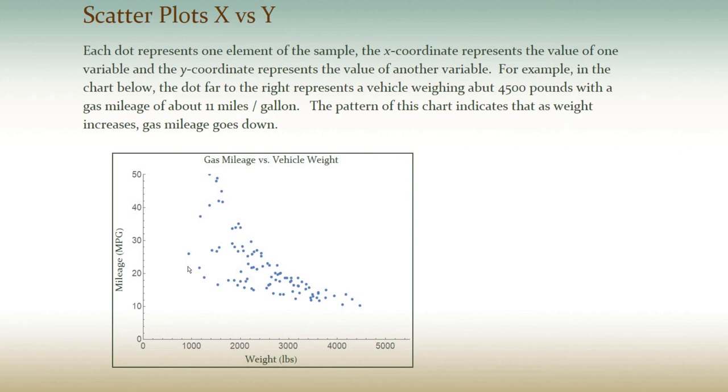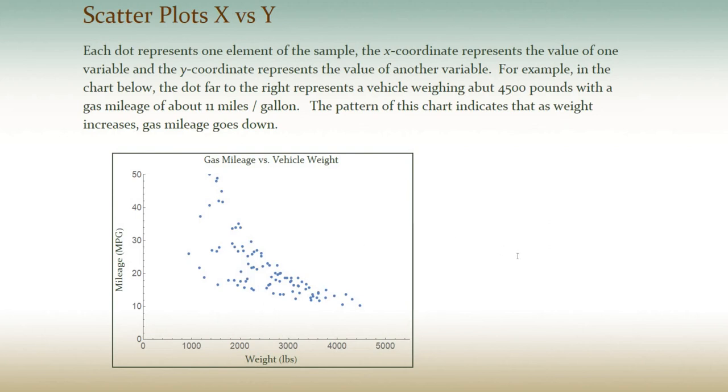So this particular car weighed around 1,000 pounds, but only got 25 miles to the gallon. The one way up here weighed a little bit more, maybe 1,400 pounds, but got 50 miles a gallon. But then way out here, we have a very heavy vehicle at 4,500 pounds, only getting 10 miles to the gallon.